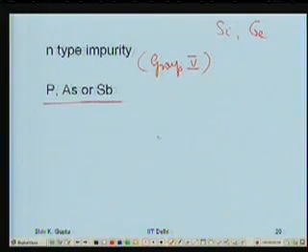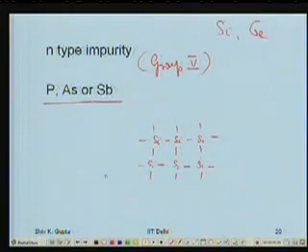Say, for example, I am showing them at 90 degrees. We know that they are not at 90 degrees. The bonds are sp3 bonds. So on and so forth. There are 4 bonds to every silicon, and silicon is bonded like that. So let's say I write phosphorus in one place.